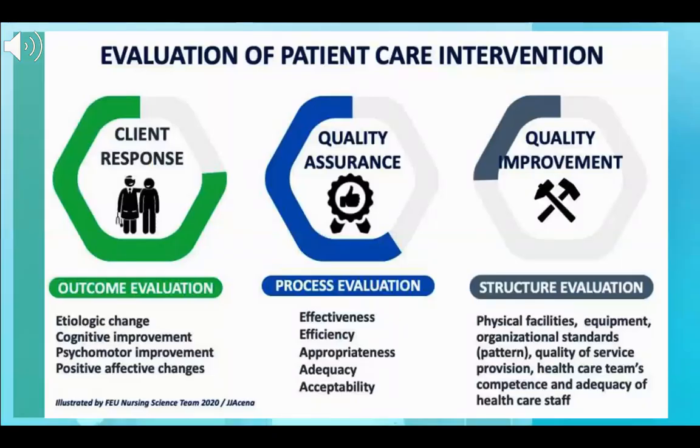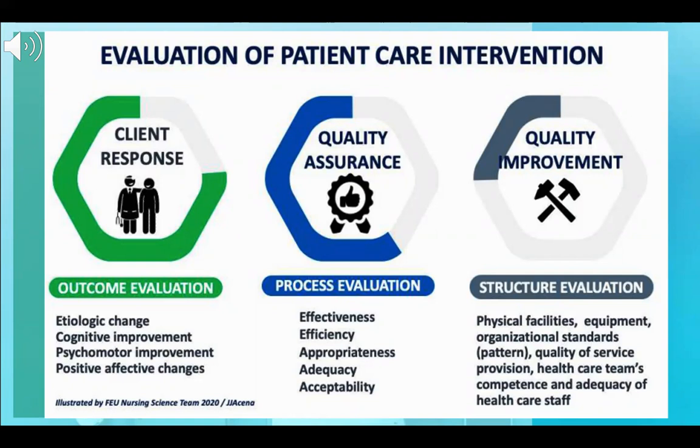The evaluation of patient care intervention basically aims to evaluate the client's response to the care interventions, and also for quality assurance and quality improvement. And each one is done through a specific type of evaluation.